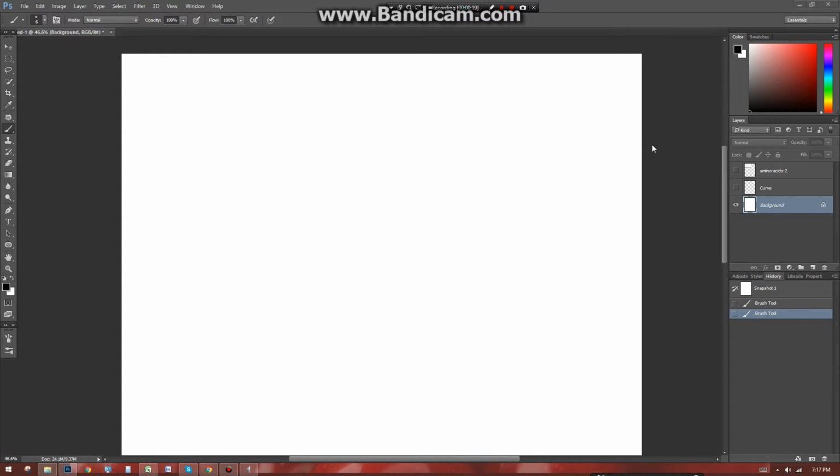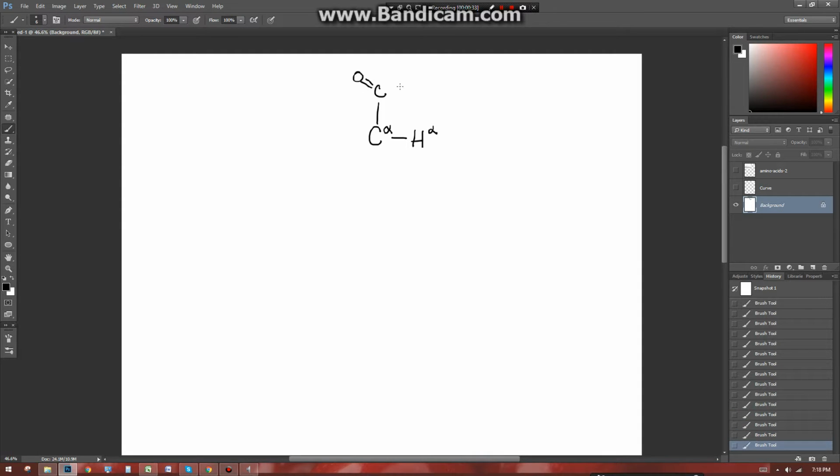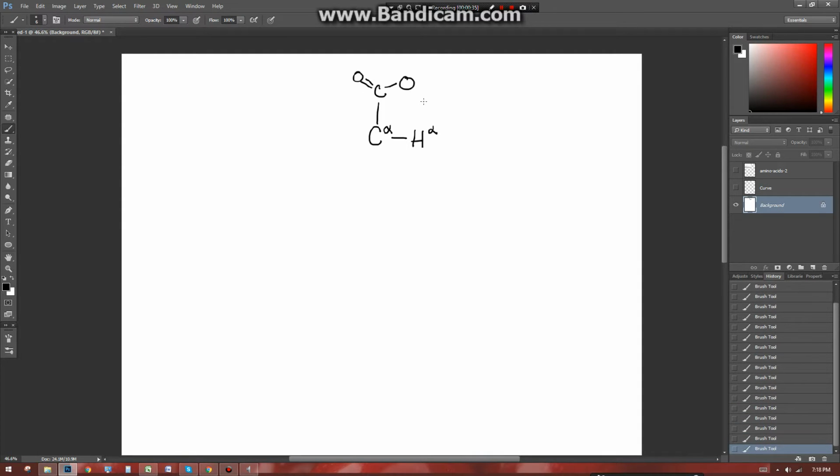Anyway, I'm going to start off by drawing the main structure for amino acids, and it starts with an alpha carbon in the middle attached to the alpha hydrogen on the right side, a carboxylic acid, which is a carbon double bonded to an oxygen, and then another oxygen, which is either O- or OH. And then there's also the amine group on the left side, NH3+ or NH2.